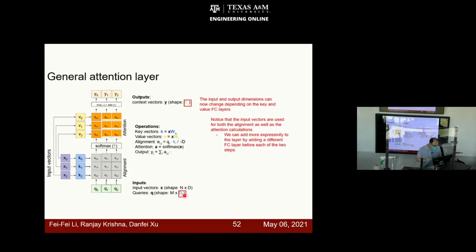Because, as we said, this is participating in the alignment, its dimensionality is determined by the key dimension. And the output is using the value vector, so that's why its shape is d sub v, the dimension of the value vector. So notice that the input and output dimensions can now change because I'm not using x anymore. Toward the input, I'm using keys, and toward the output, I'm using value vectors.